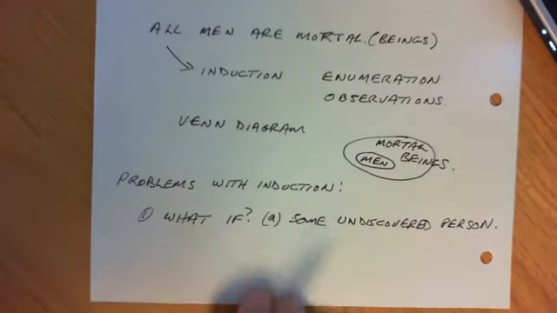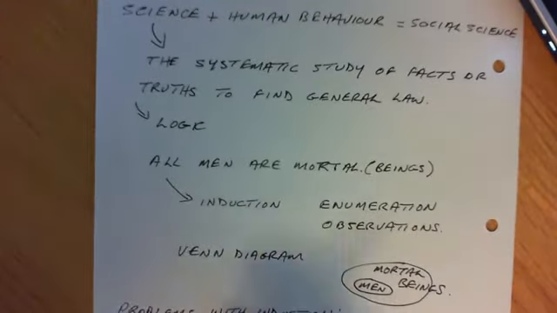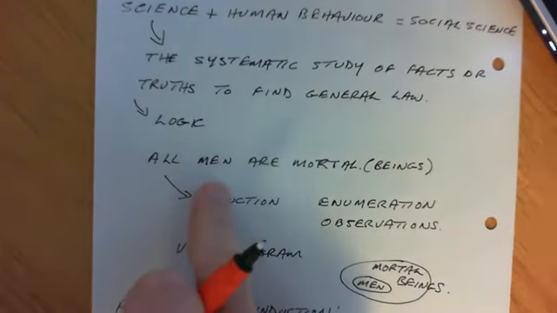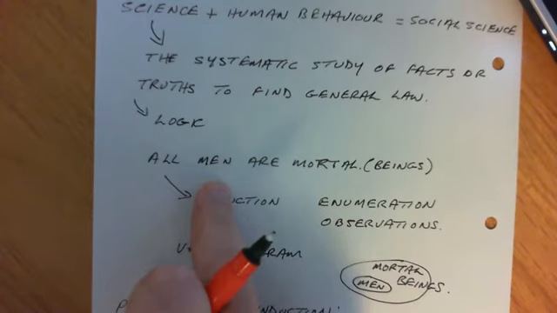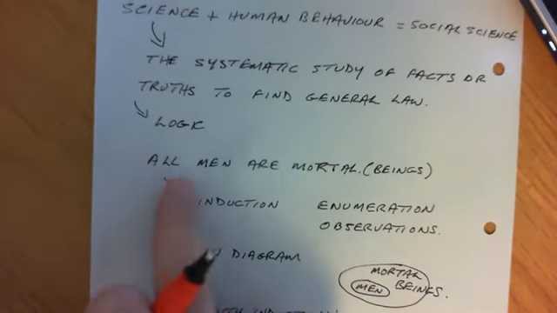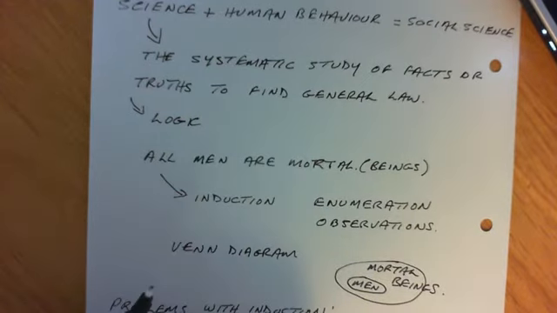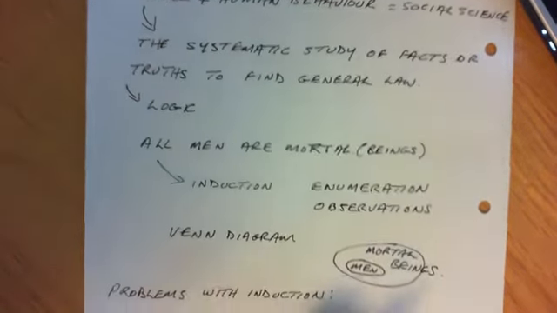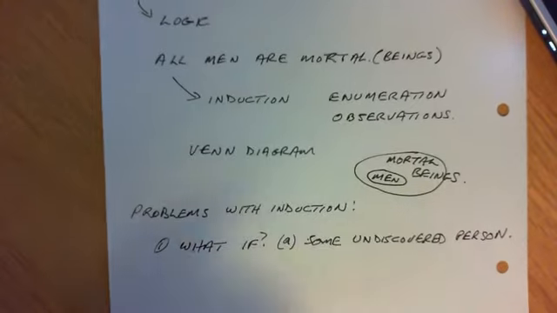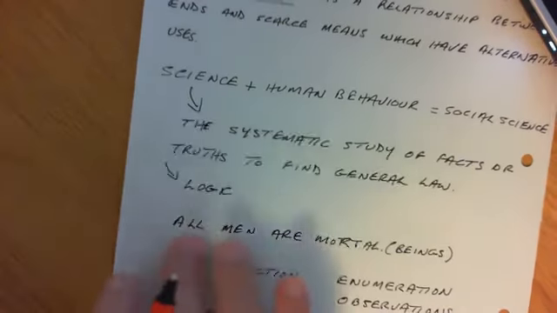Does that mean that all men are mortal beings? Well, we found one who's been around for 10,000 years, let's say. Been living out in the Amazon somewhere and just popped up. Well, we'd have to change this. We'd have to change it from all men to some men. But there again, we don't know, you see. Although we found him when he's 10,000 years old, he could still die. In which case we're back to all men are mortal beings.